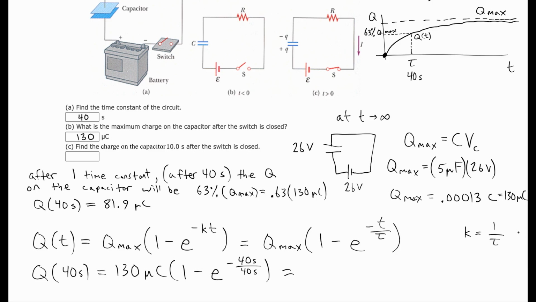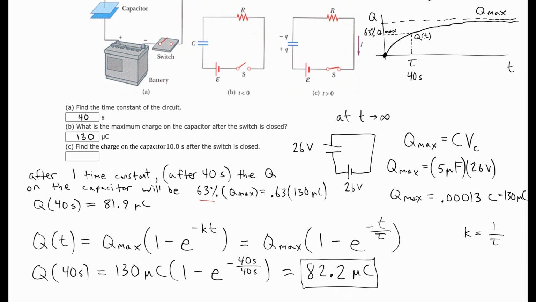Now I plug that into my calculator. It comes out to, not surprisingly, 82.2 microcoulombs. The only difference is due to rounding. 63% is actually just a rounded number for what the charge builds up to after one time constant.